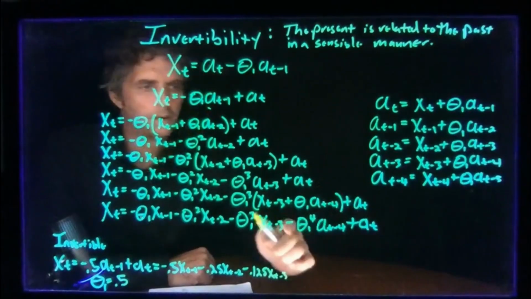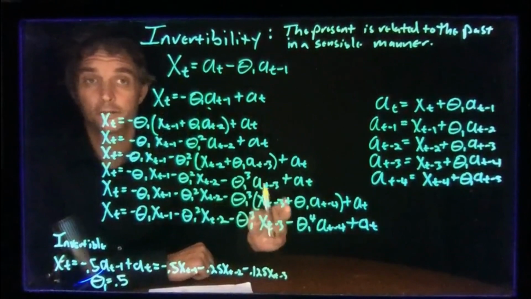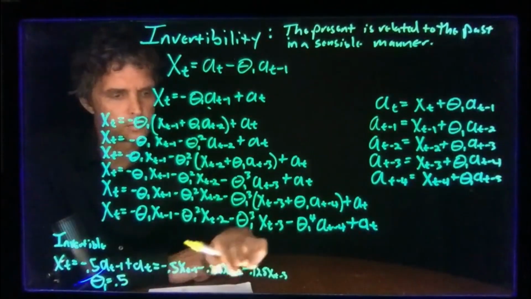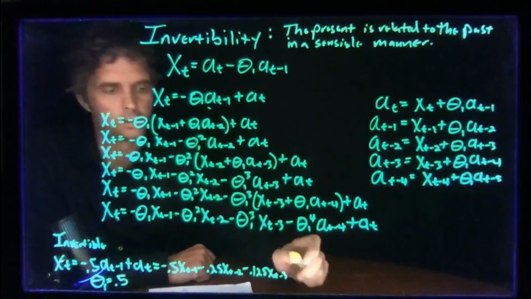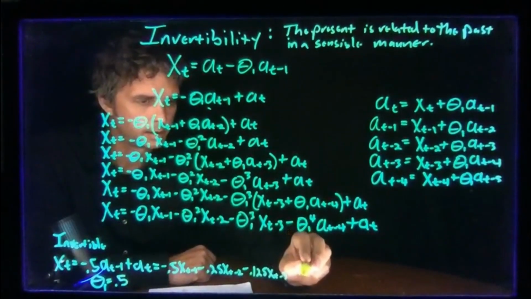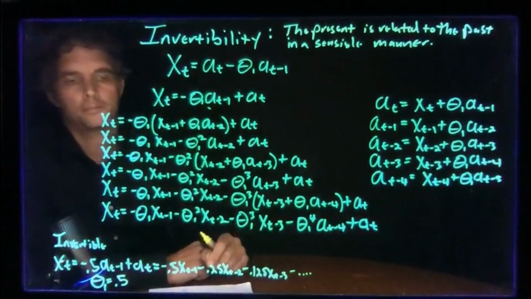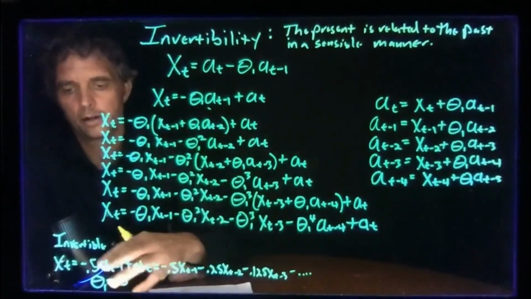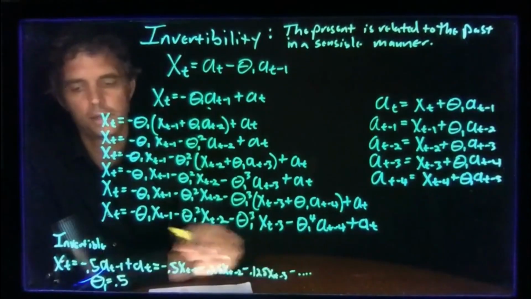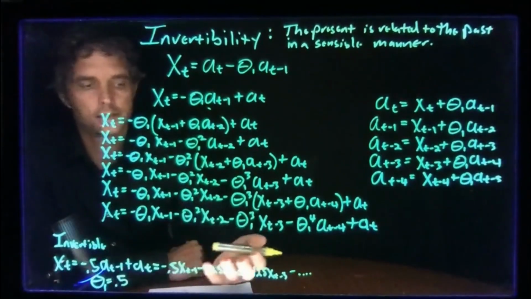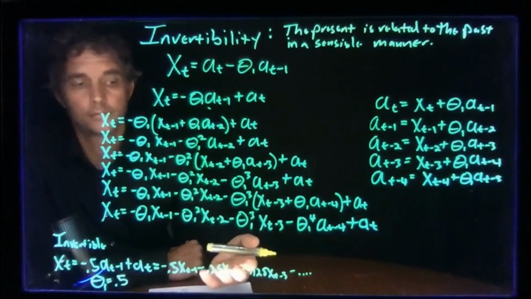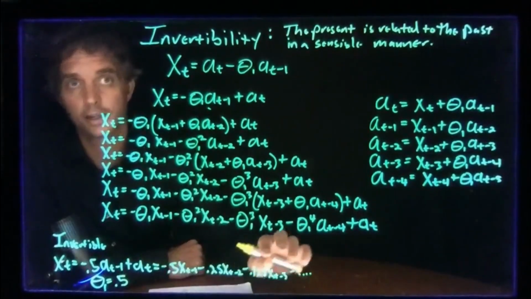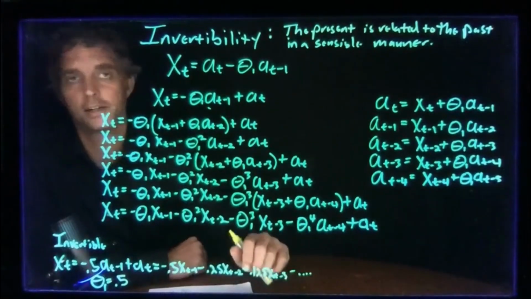And then this will keep going, minus theta_1 to the fourth, which is 0.5 to the fourth, which is 0.0625. These coefficients will keep getting smaller and smaller, so I'll just say dot, dot, dot. That's showing that the present is related to the past in a sensible manner. It makes sense that the farther away we get from today, the less influence that will have. These coefficients are approaching 0, as you can see here.